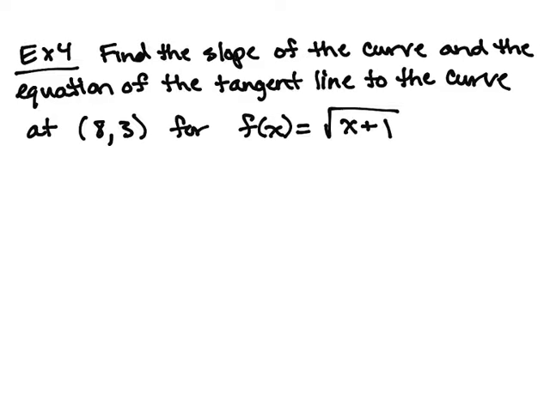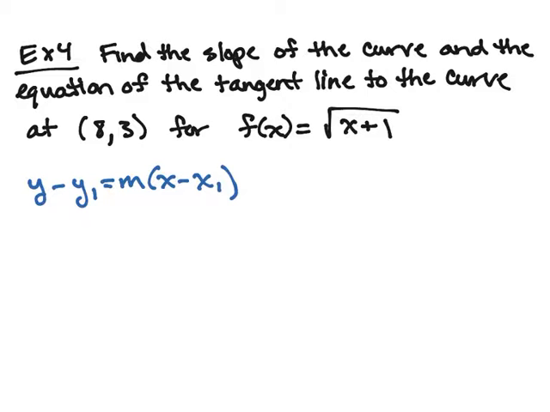Okay, now if I know the slope of the curve at that point, I can write an equation of the tangent line. And the way you were taught to write equations of lines was point-slope form. You need the formula y minus y1 equals m times x minus x1.